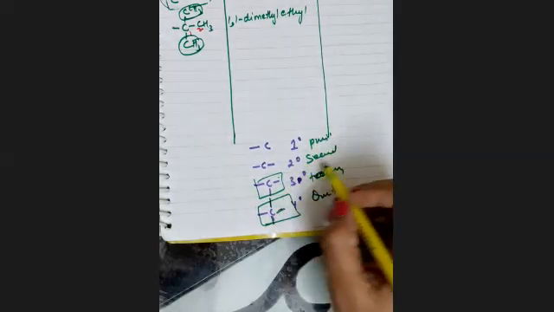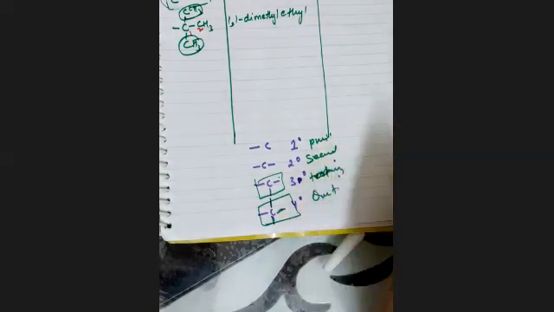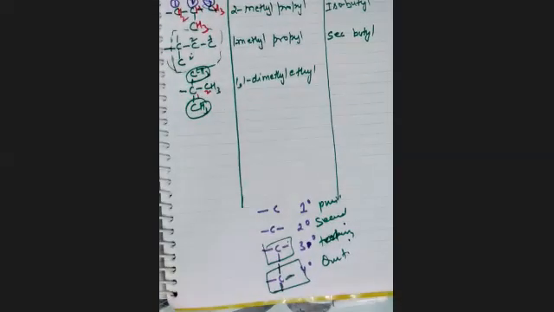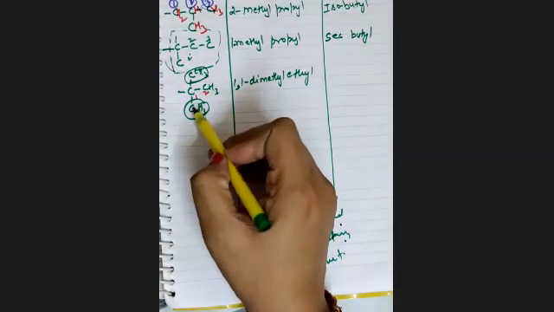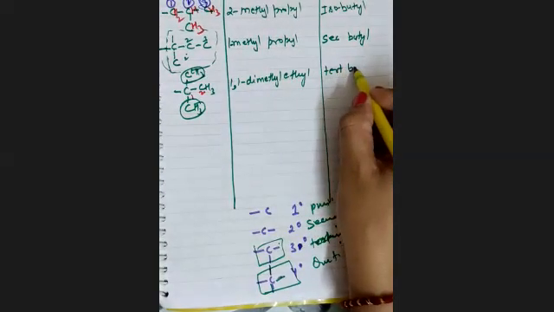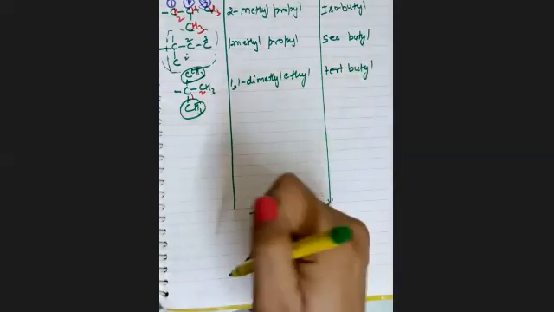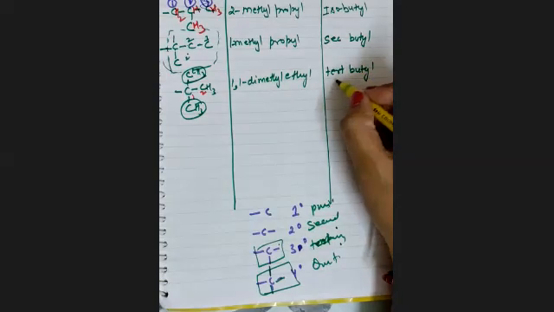Primary is 1 degree, secondary is 2 degree, tertiary is third degree, tert, and fourth degree is quaternary or quat. Okay, so we know that this carbon is surrounded by 1, 2, 3 carbons here. So this will be known as tert-butyl, tertiary butyl. And what do we call it? We'll also call it T-butyl.